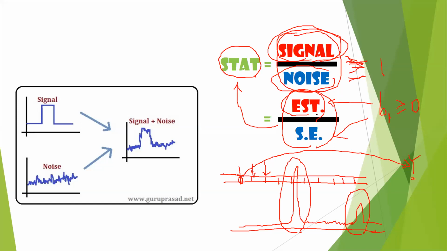Same thing: if your estimation is significantly larger than the standard error, that is strong evidence that B1 is real, not equal to 0. This indicates a strong association between the locus and the phenotype of interest. Any questions?